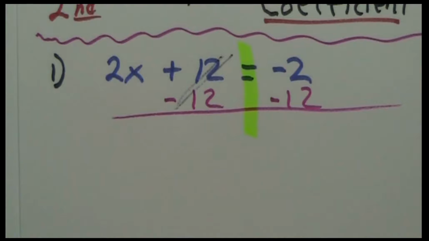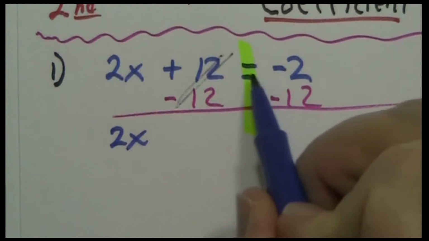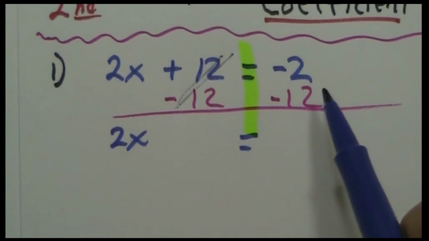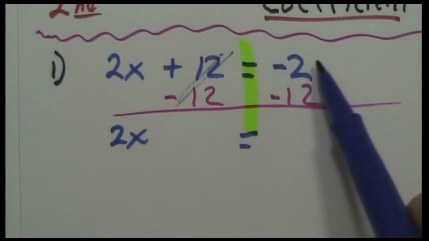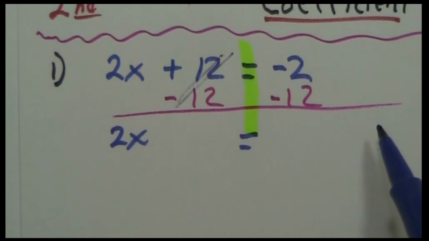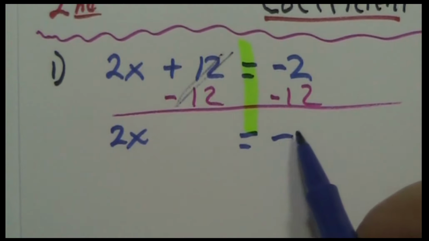Right, that's gone. And you're just left, I'll bring down the 2x. Bring down the equals. On this side, think of the taste on your tongue. 2 cool and 12 cool, minty. That would be all minty flavor.